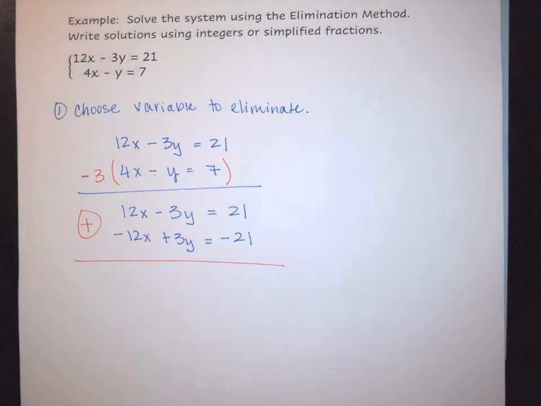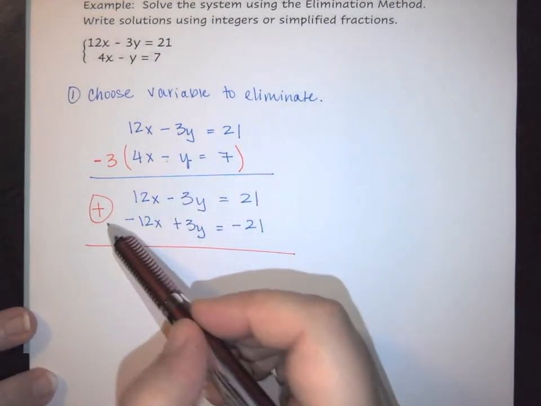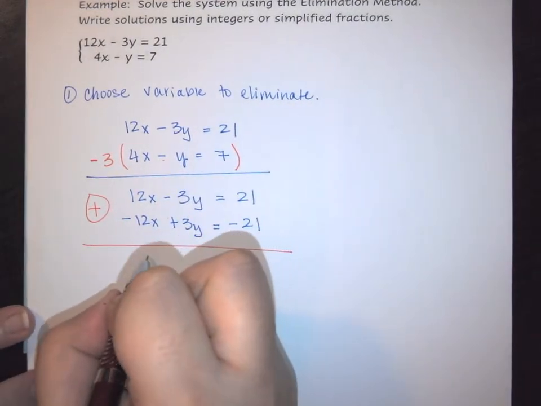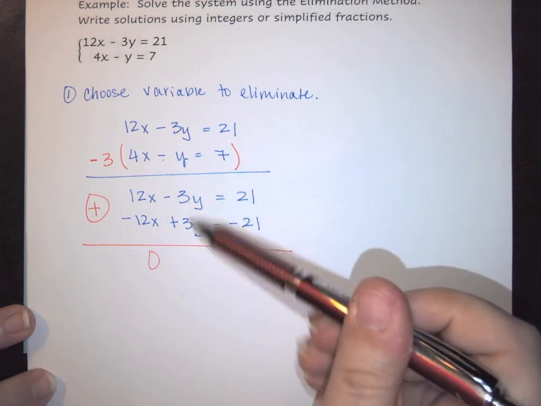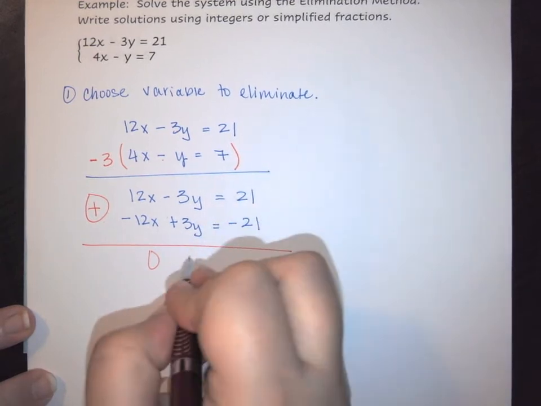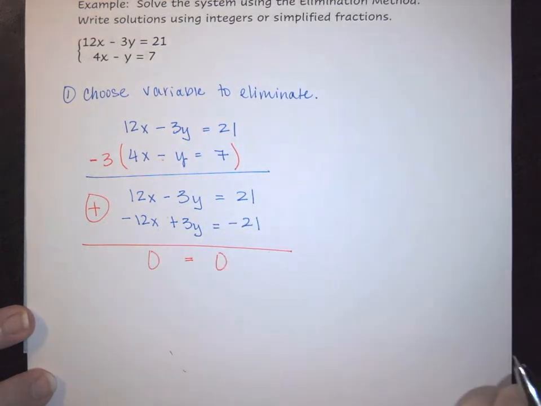So vertical addition says we're essentially going to do variable minus variable. So think old school elementary addition. So 12x plus negative 12x is going to give me a 0. My negative 3y plus 3y goes away, and I have equals 21 minus 21 is 0.